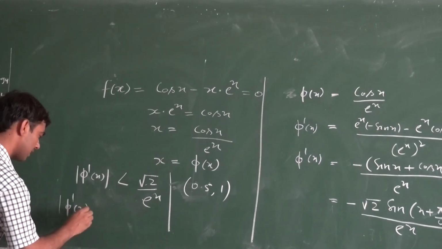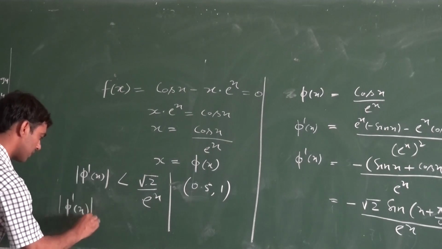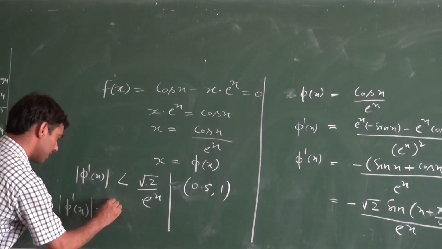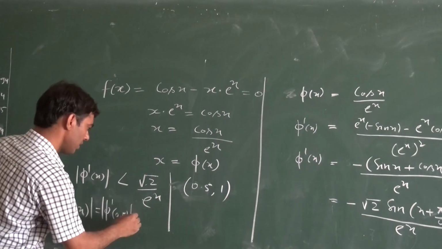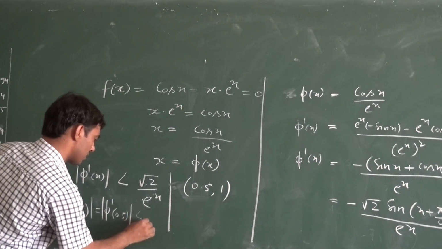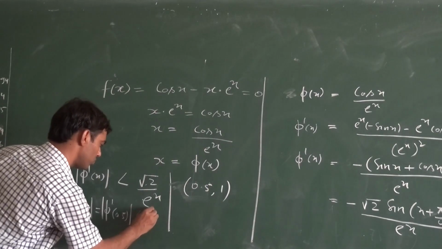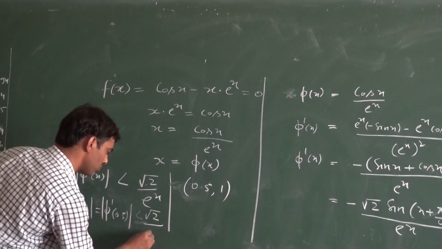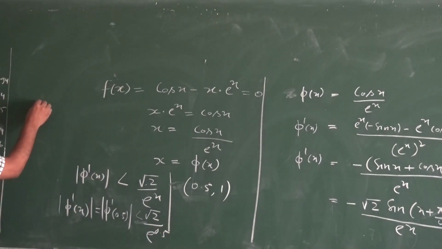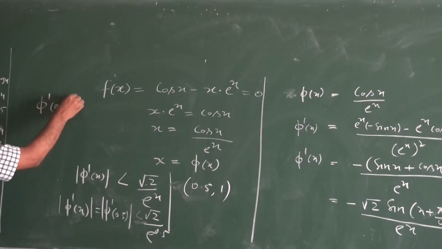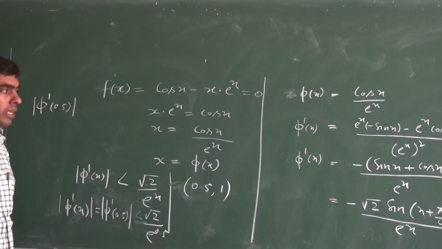φ'(x) at 0.5 means φ'(0.5), mod of this is less than √2 upon e^0.5. So what is the value of mod of φ'(0.5)?